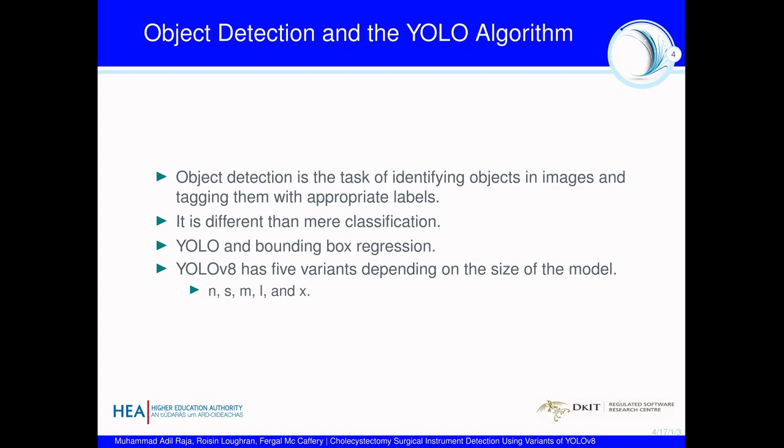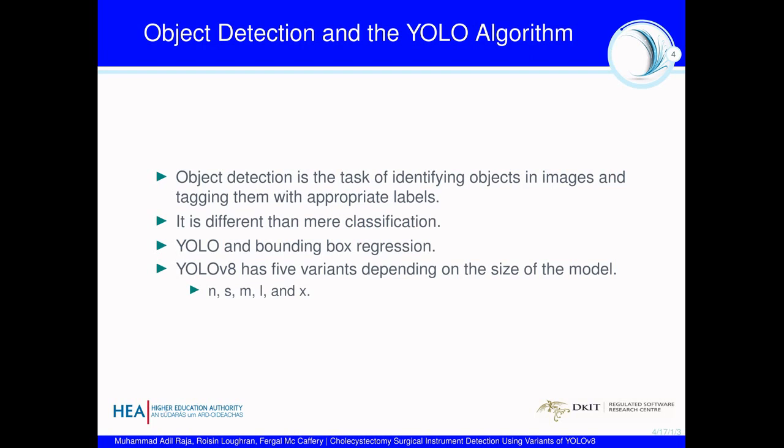Object detection is the task of identifying objects in images and tagging them with appropriate labels. Classically, computer vision is done using a classification approach in which an image is presented to a model, and the model tells us what kind of objects are present in the image.